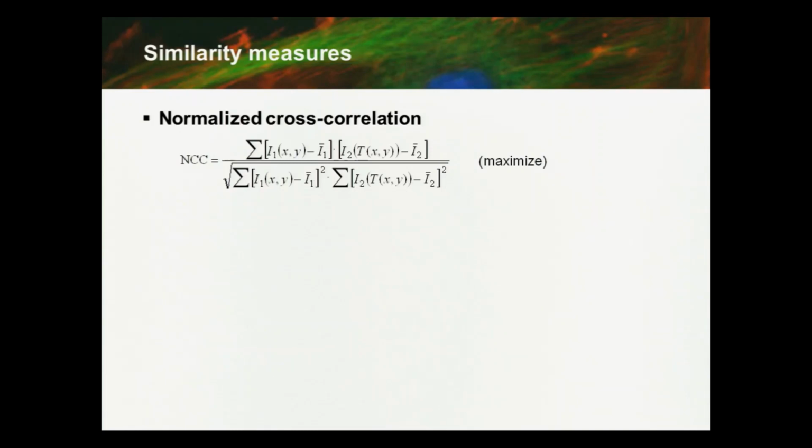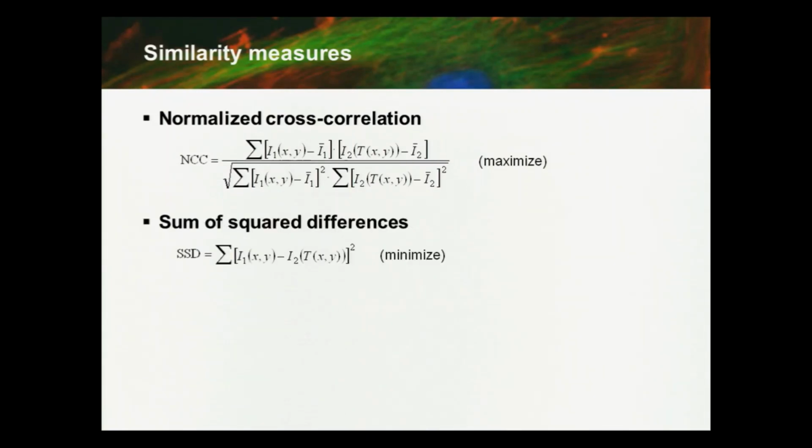Also, if I multiply the intensities in one of the images with a constant, it has no effect on this measure. So it's robust to this kind of changes in intensity. It's normalized such that the value of this ratio is always between -1 and +1. And since we're really directly multiplying intensities and summing them up, it's a measure that needs to be maximized. You need to have maximal correlation. So again, this only works if the image intensities already correspond, have the same kind of distributions to start with.